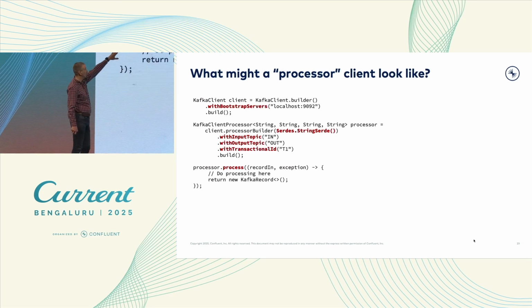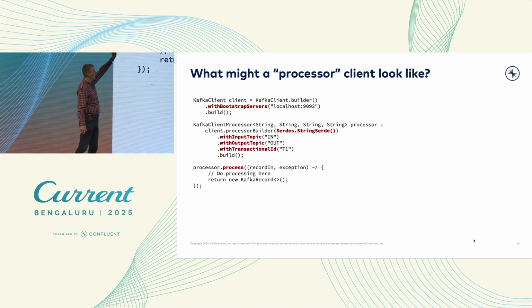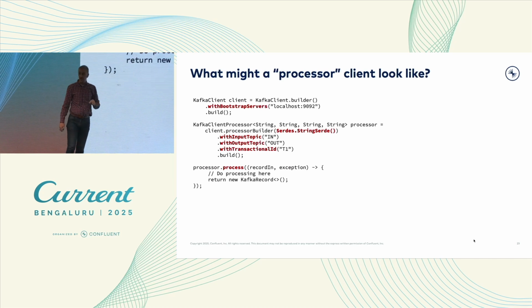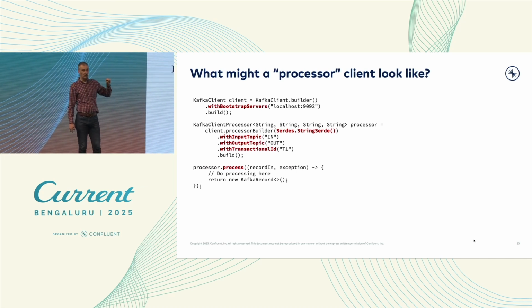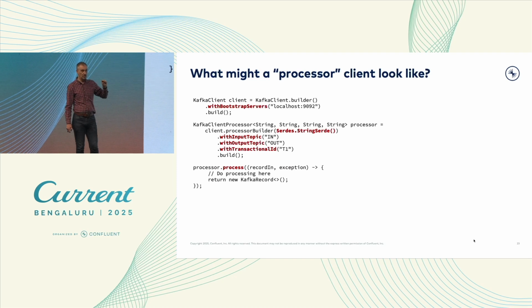And then it makes a processor builder, again taking the Serde, and that means all of them are strings, and we can type check them. And then you set an input topic and an output topic, and then the magic bit is you say with transactional ID. And by setting the transactional ID, you are basically saying, I want the processing to be within a transaction, okay?